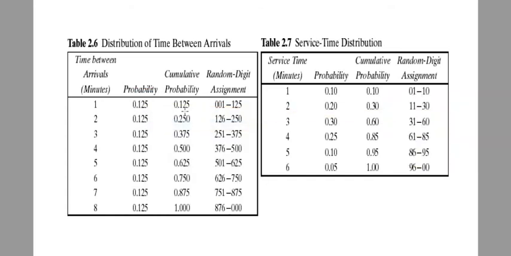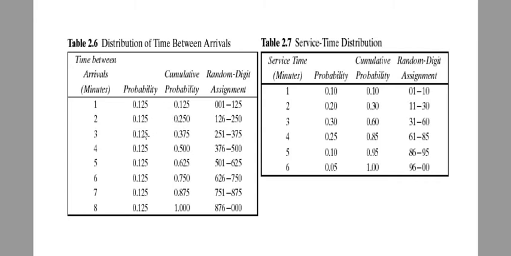From this probability, we can find out the cumulative probability by summing the probabilities of the previous customers, or previous minutes. So 0.125 for the first time, this will be 0.125 plus 0 equals 0.125. Then 0.125 plus 0.125 is 0.250.